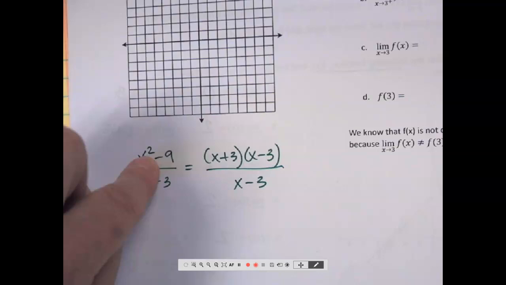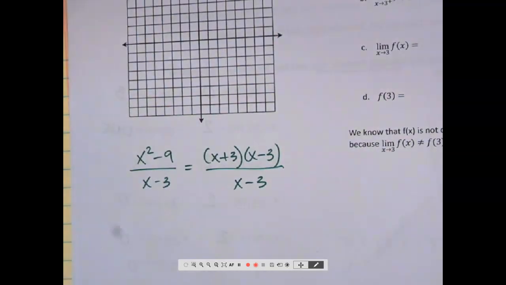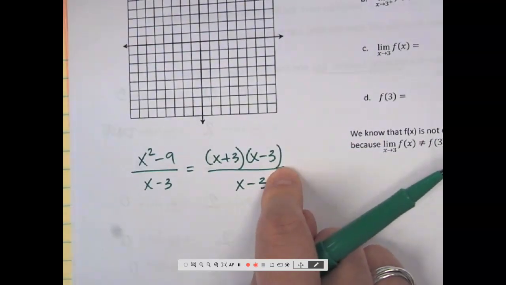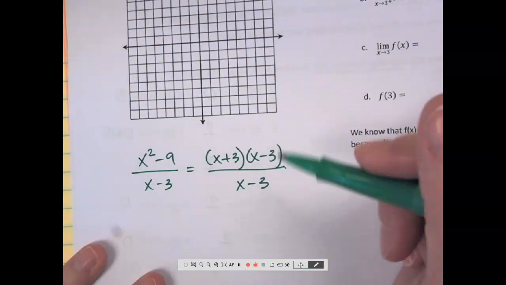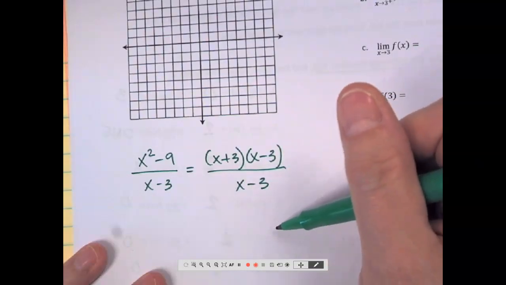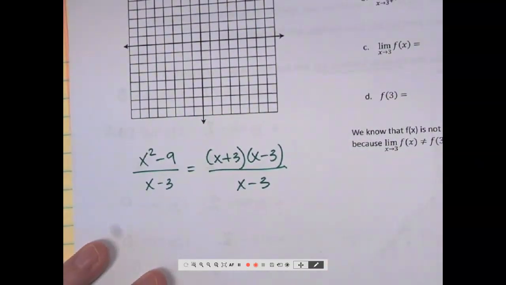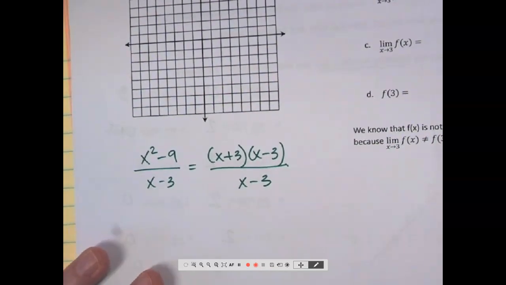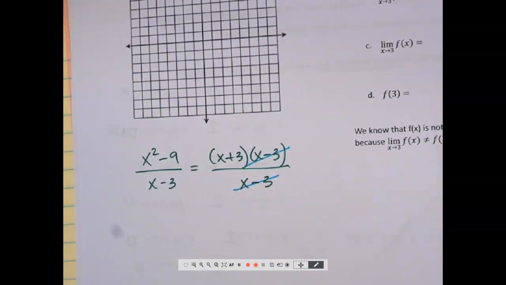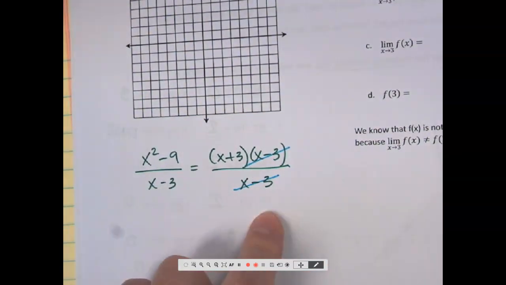If I change that minus to a plus, then I couldn't factor it. But difference, subtraction, of 2 perfect squares factors easily. Now, do you notice that there is a factor of x minus 3 top and bottom? I can cancel common factors in fractions. So if these common factors are things that are multiplied, then I can cancel them.